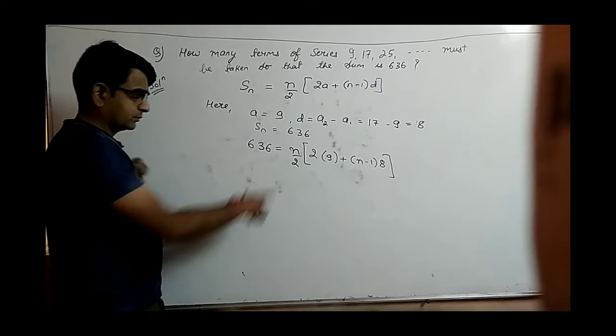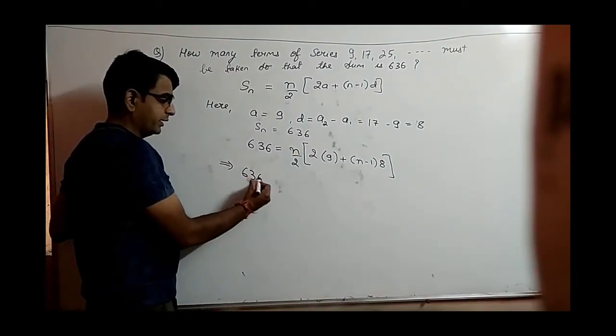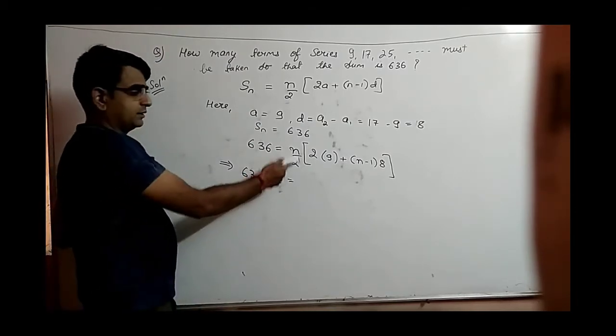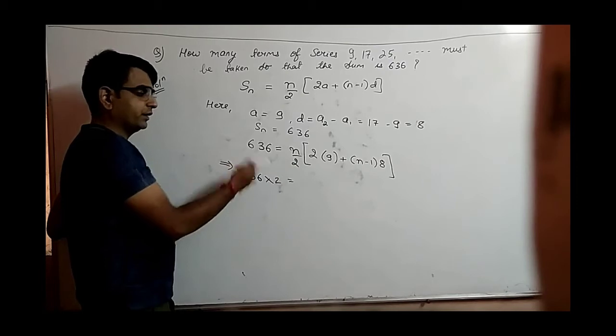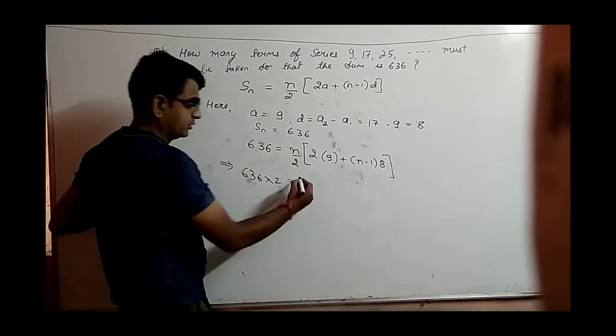Okay, bring this 2 to here, it will get multiplied. Since it is divided here, when we shift it to the other side, it becomes multiplied.